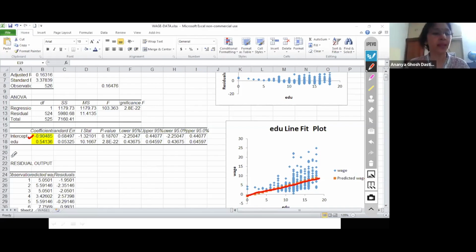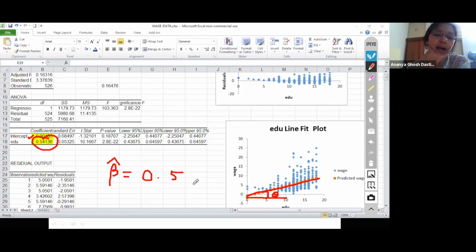And what about the slope? So the slope is, of course, if I were to draw it here, beta hat. So beta hat is equal to 0.54, right?